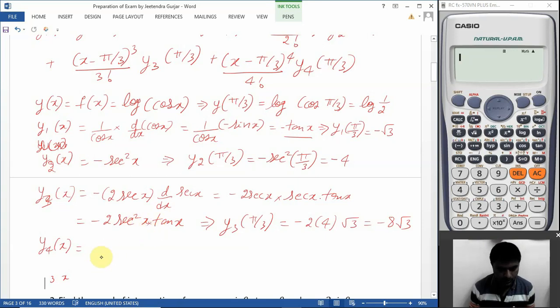So this is the u into v rule. You will keep minus 2 outside. So first I will differentiate sec square x.